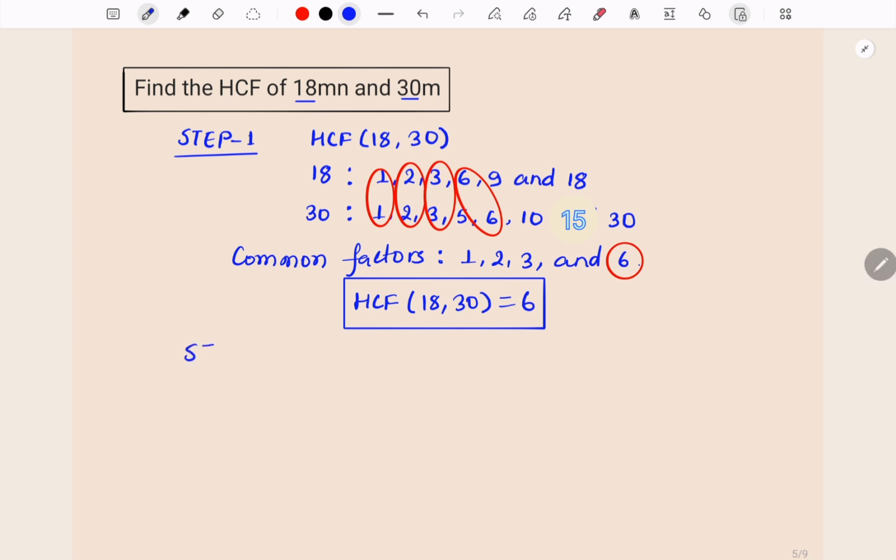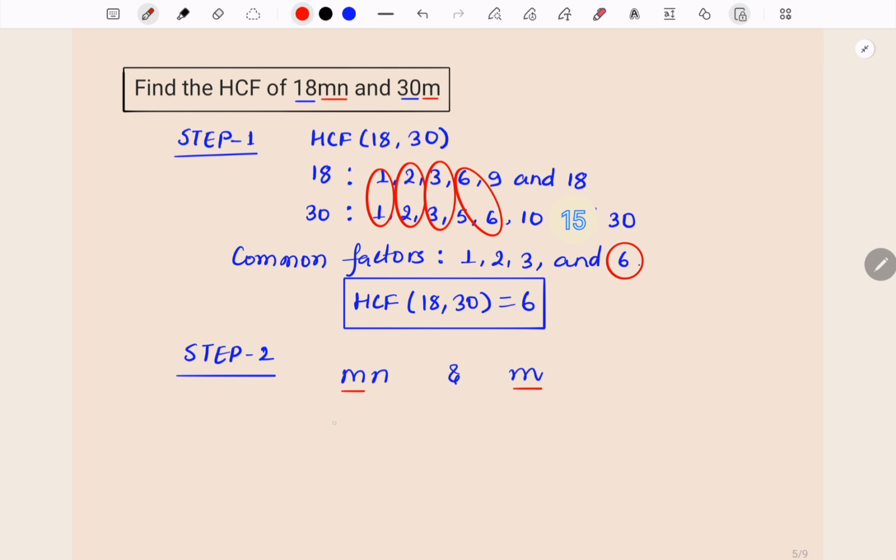Now let's talk about step 2. We know that step 2 is concerned with the letters. So here we have mn, and in the second term we have m. So we have mn and m. So both the terms contain m, right? Here we have m, and here we also have an m.